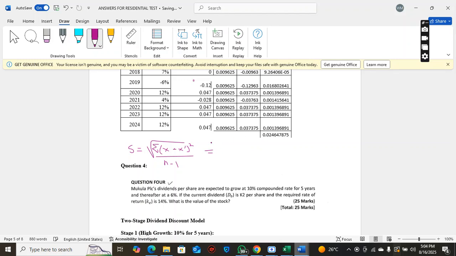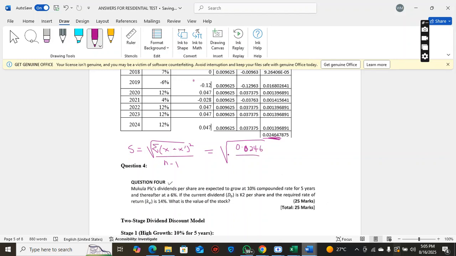So in this case, this summation of x minus x bar squared is this value we got here, 0.0246. So it's a square root over 0.0246 divided by n.